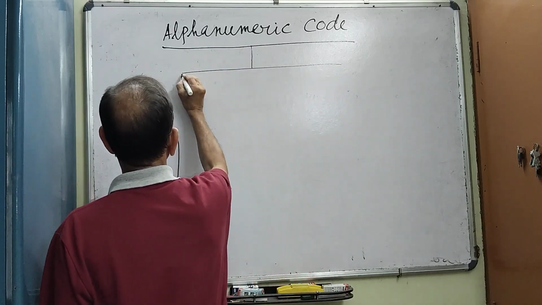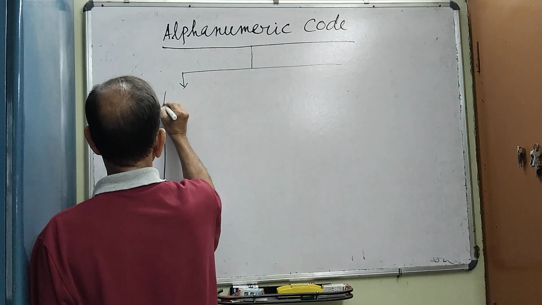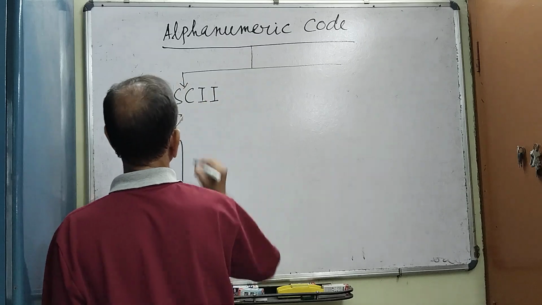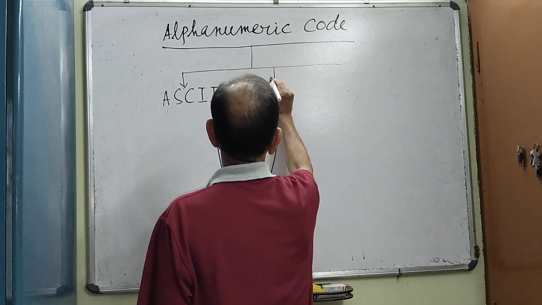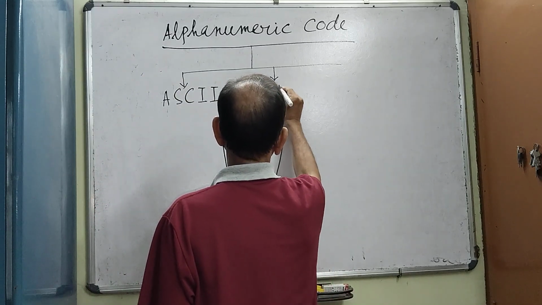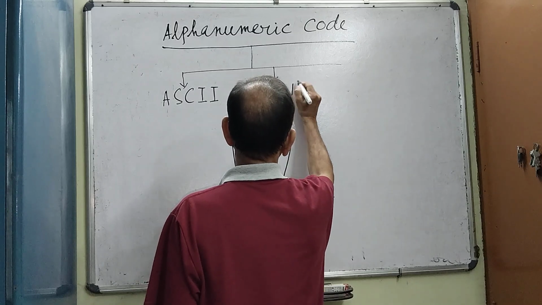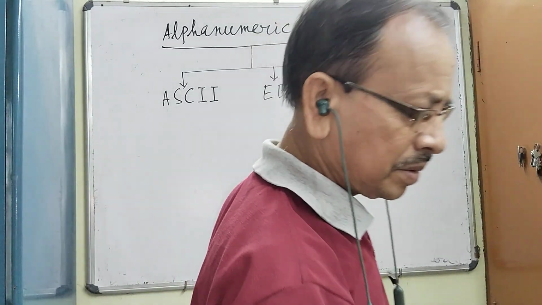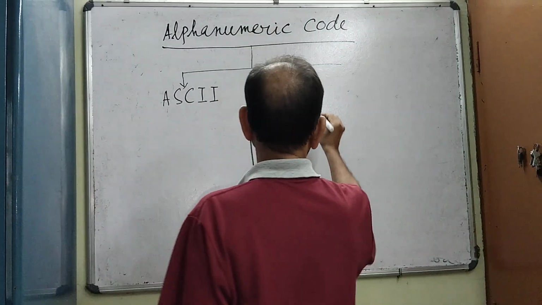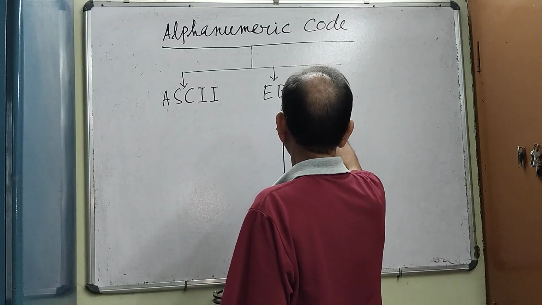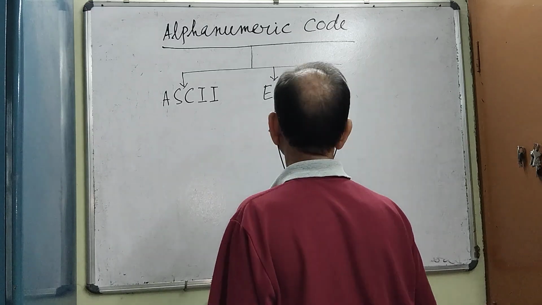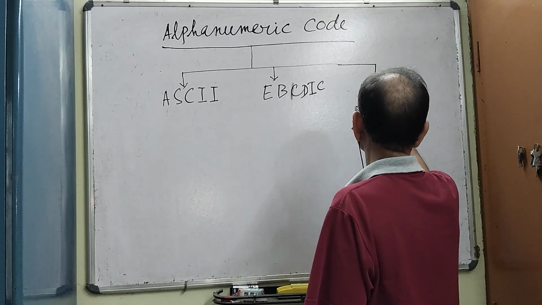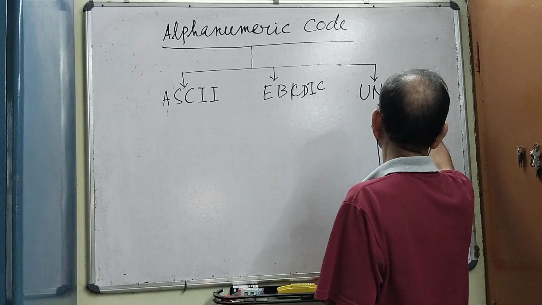Three types. One is the ASCII code, number two is the EBCDIC code, and third is the Unicode.